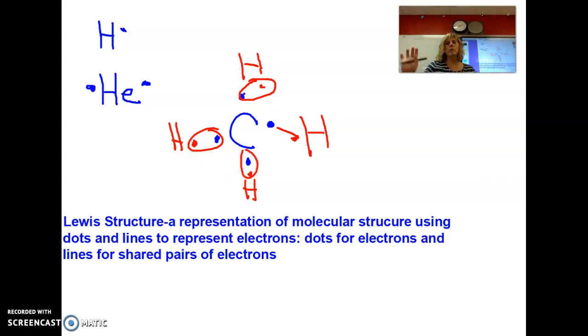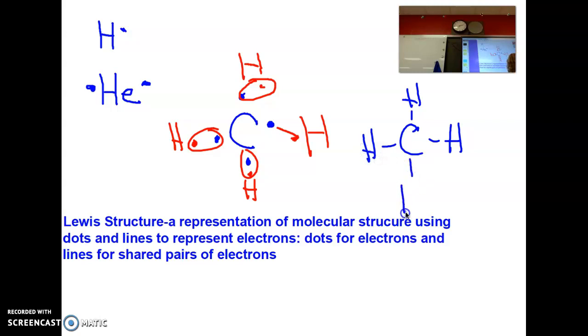The way we actually would represent these shared valence electrons is as a line. So we really would do this. Boom. This, people, is a Lewis structure. This is exactly our end goal.